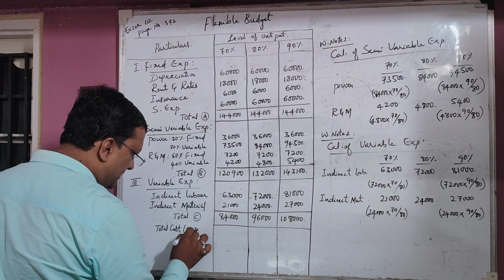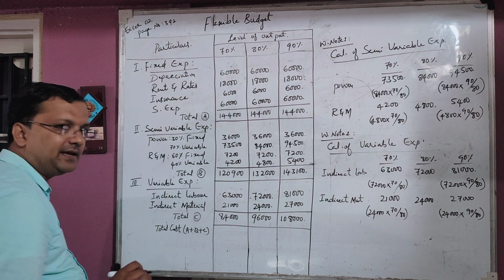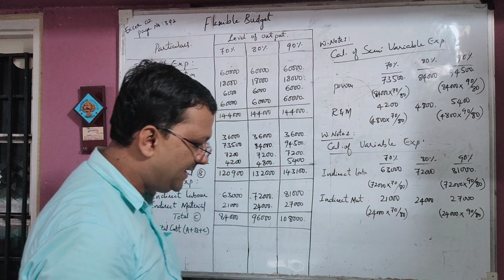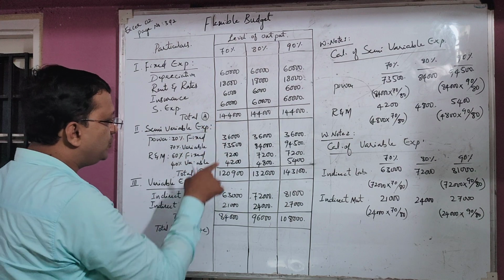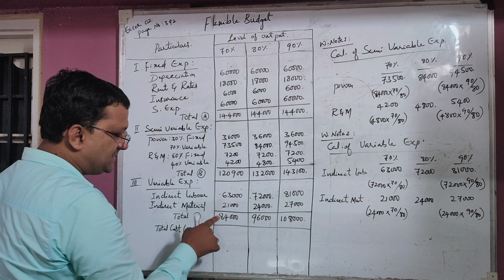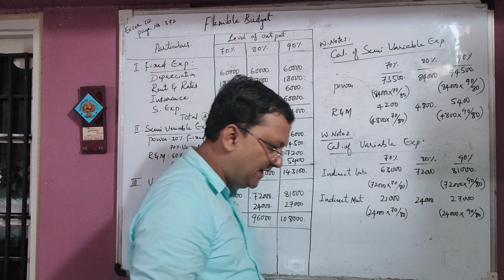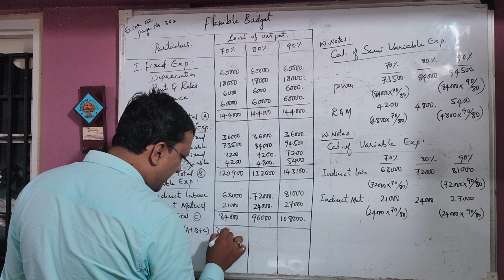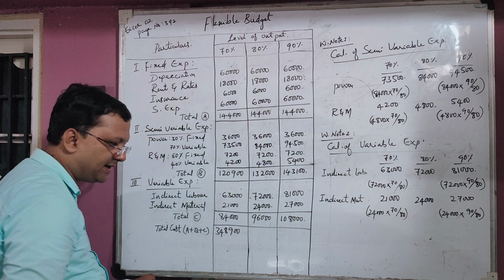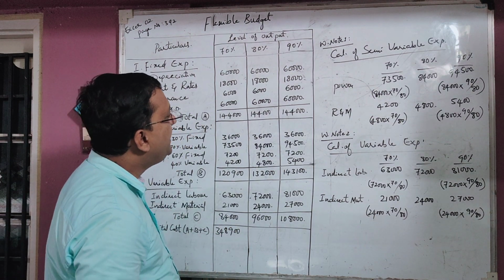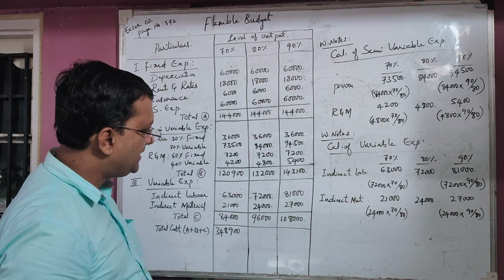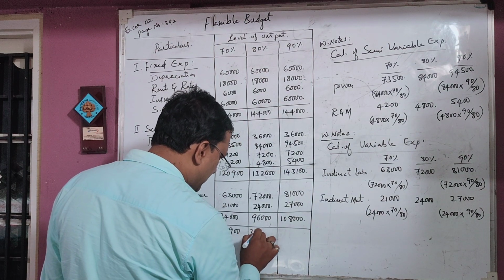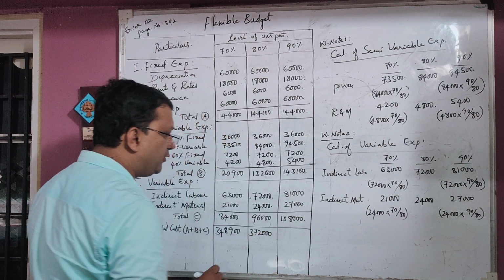Then here, total cost, A plus B plus C. Make the total of A, B and C. A 1,44,000, B 1,20,900, C 84,000, total 3,48,900. Next, for 80%, total 1,44,000 plus 1,32,000 plus 96,000 is 3,72,000.